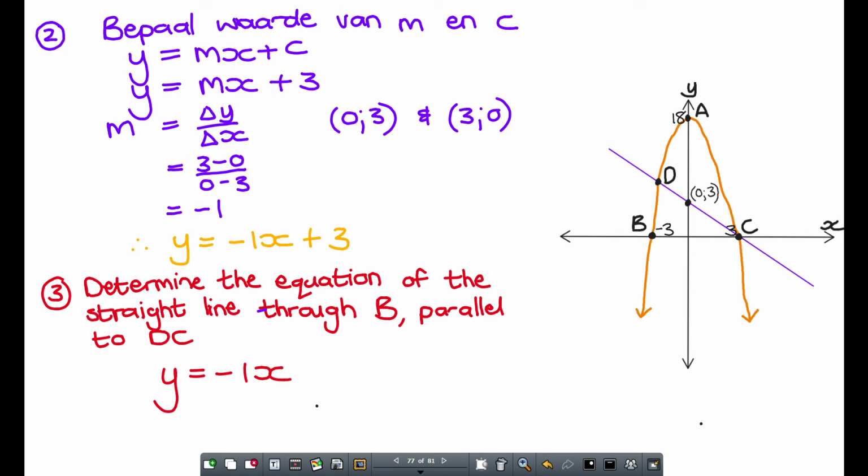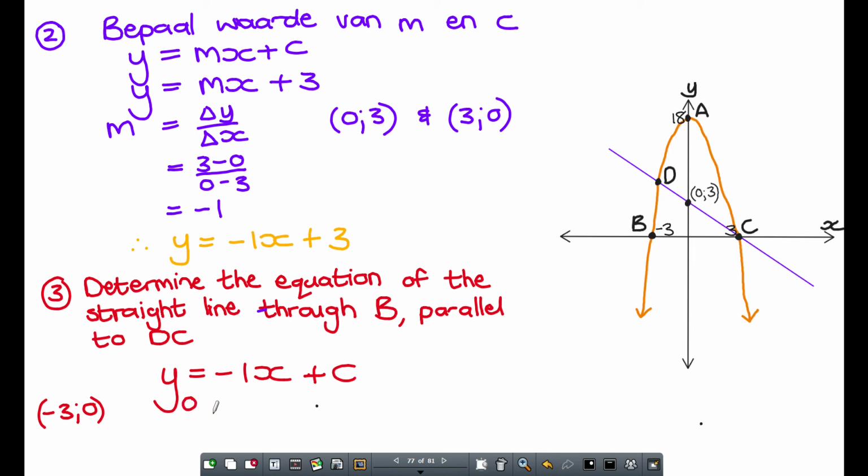Okay, now, I can't say plus 3. It actually goes through B. Nee, maar dit is my x afsnit. So, I'm still going to talk about plus c. Straight line through B parallel to DC. Okay, nou kan ek daai punt van B instel, waar x minus 3 is, en y is 0.